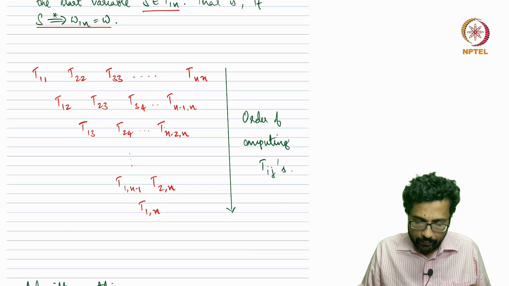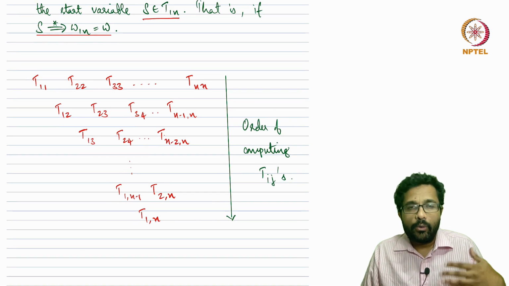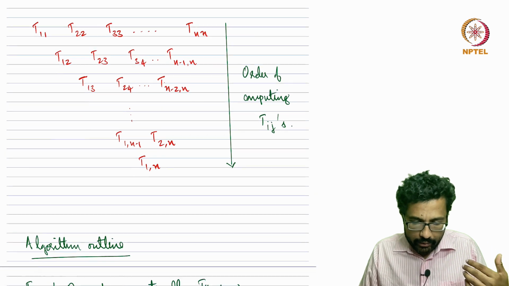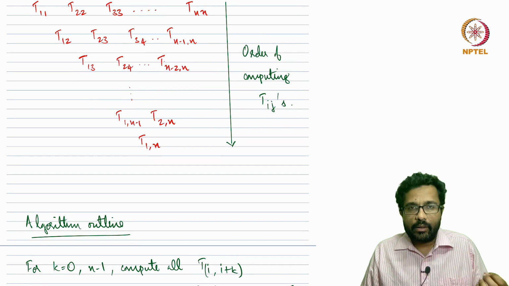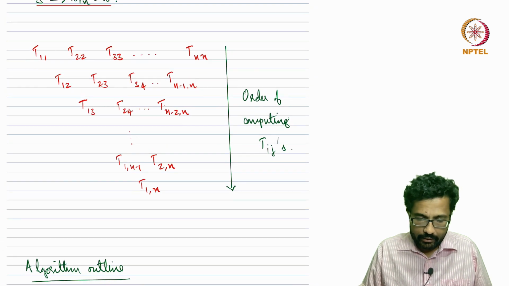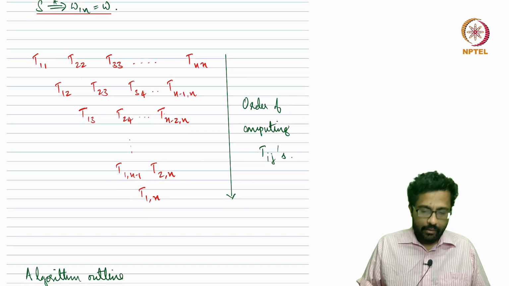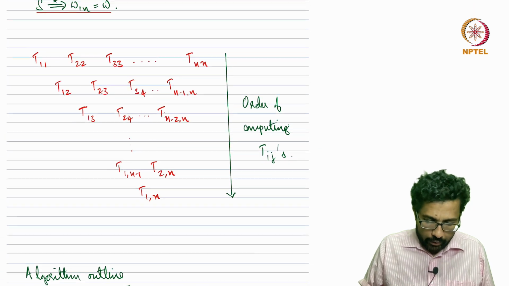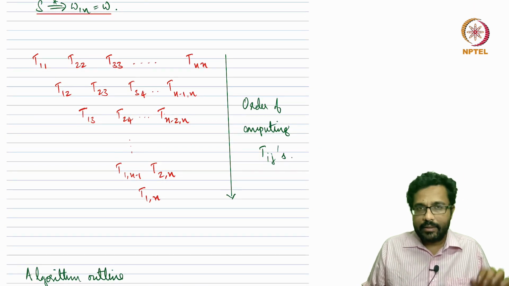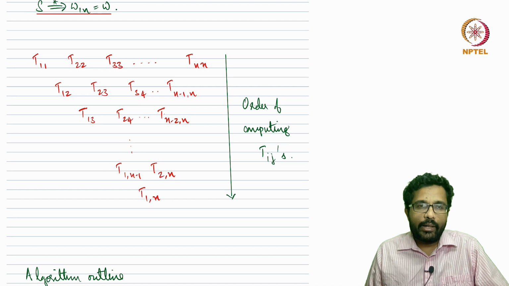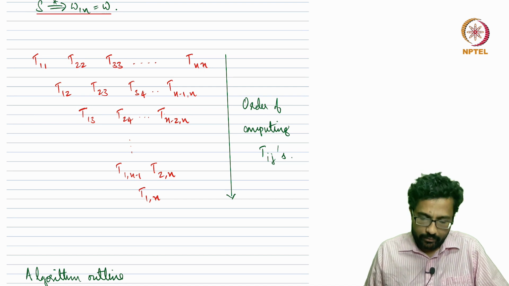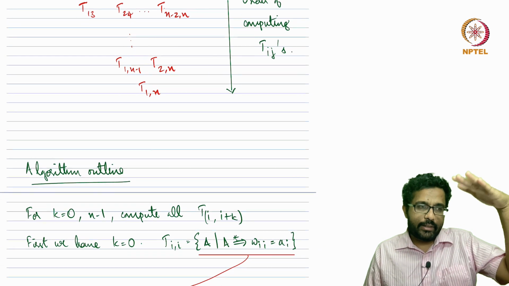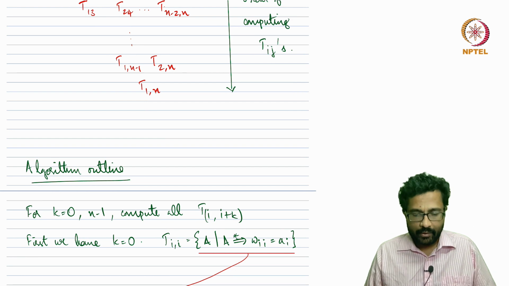Now I have told you the order. Let us see how, in this order, we are actually going to compute the sets. First substrings of length 1, then substrings of length 2 and so on, so the order is of increasing length of the substring.